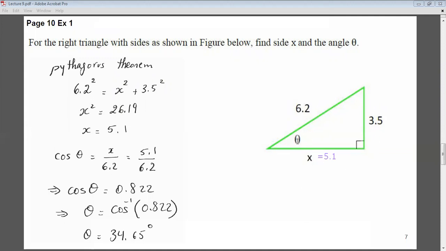I can use sine theta is 3.5 over 6.2, or cosine theta 5.1 over 6.2. So I can use whatever I want. I can use sine. Let's change the color.